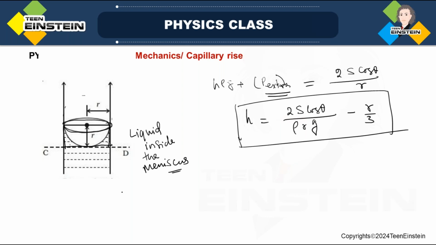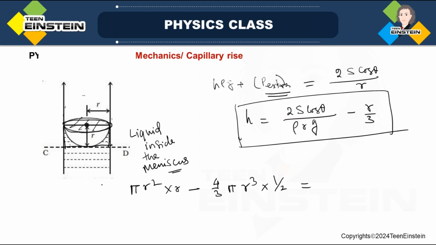So what is it? pi r square, the plane surface, into height. Height is actually r only because this is the radius of the hemisphere. This is the whole volume of the cylinder minus the volume of this hemisphere, that is 4 by 3 pi r cube into half.